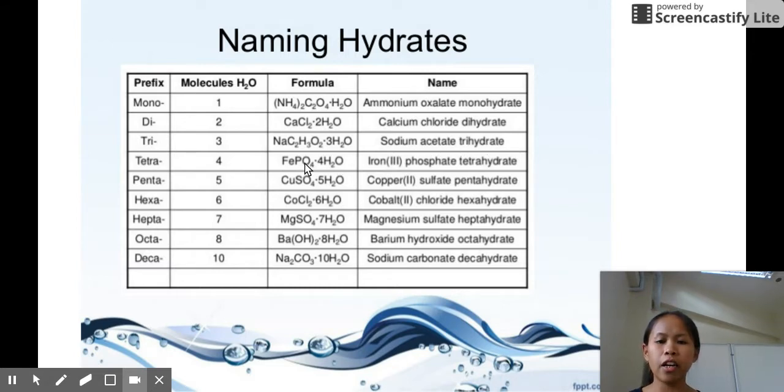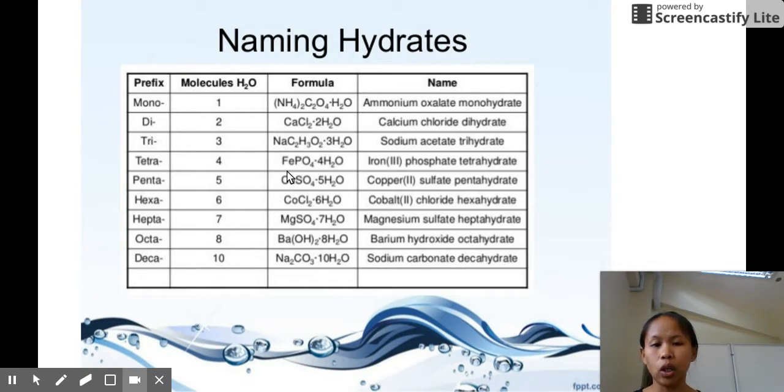The next one is FePO4. Fe, remember, is a metal with variable oxidation number. It can be 2 or 3. For us to determine if it's iron 2 or iron 3, we need to look at its partner phosphate, PO4. You look at the list, PO4 has a charge of 3 minus. It's fixed that PO4 is 3 minus.